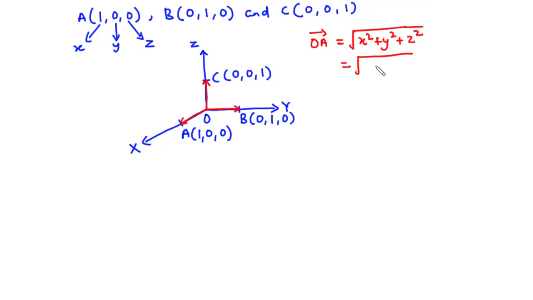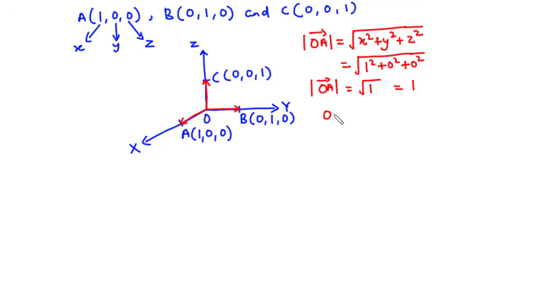Therefore we are going to substitute these values here so that we have 1 square plus 0 square plus 0 square. Now 1 square plus 0 square plus 0 square is equal to 1. So we have the square root of 1, and the square root of 1 is equal to 1. Therefore, the magnitude of the vector OA is equal to 1.